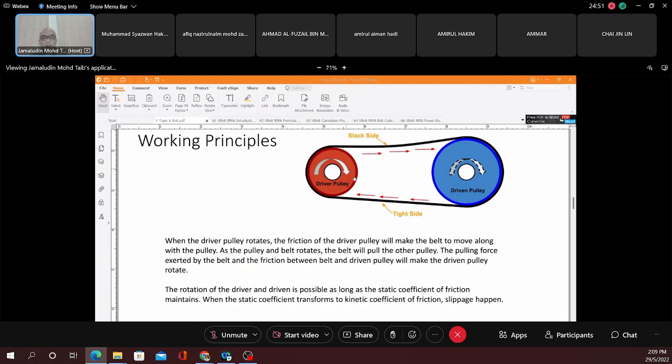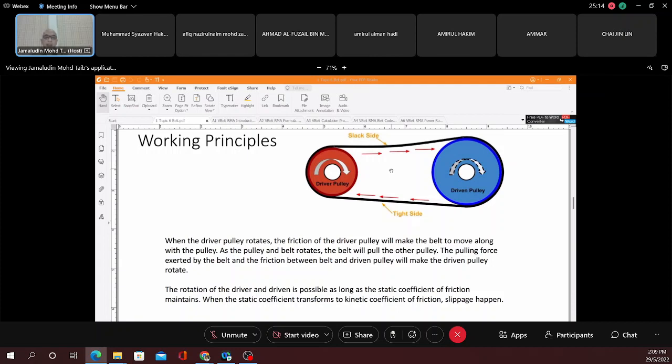When you try to rotate this one, what is going to happen is that this side is going to be very tight, and on the other side it is going to be slack. If you can see, it's a bit going down on the other side. This is the tight side, and this is the slack side. You can test it. That is the idea of the belt.